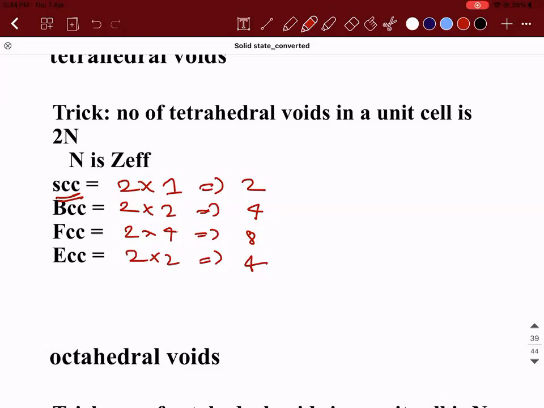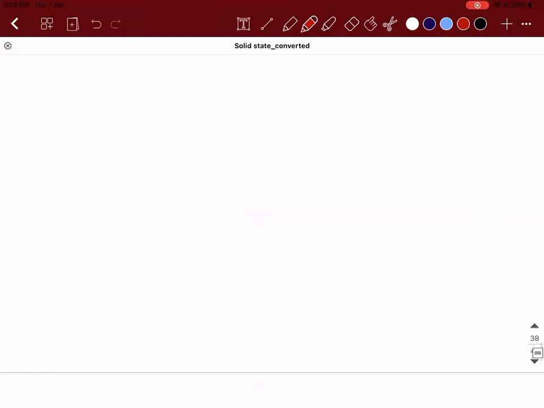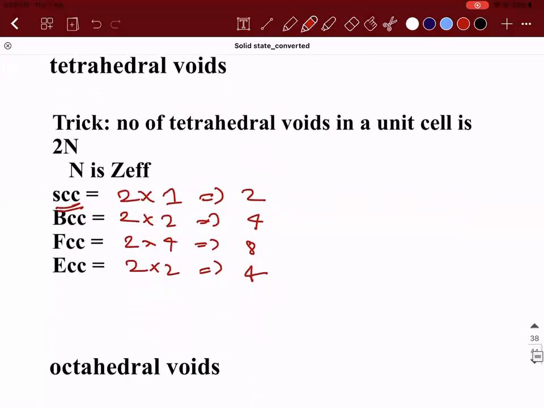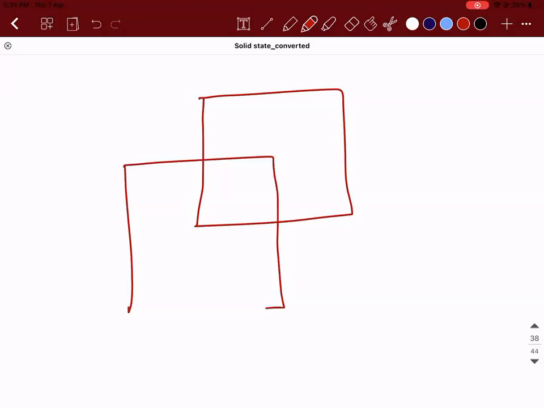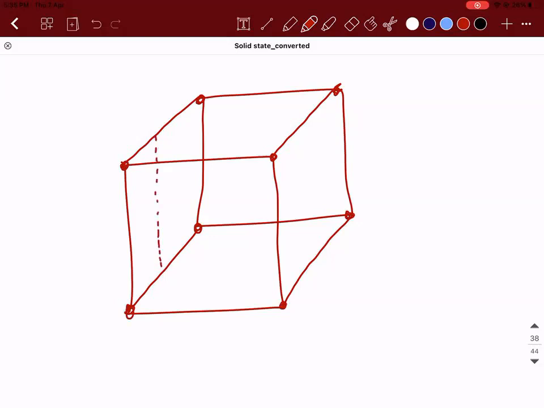Finished copying? Shall we move? Okay. Now I'm taking an FCC. In FCC, how many tetrahedral voids are there? 8. Shall we see how it's possible? Yes. Take one FCC unit cell. Guys, you have to imagine. These are all the corner lattice points. And in FCC, wait, let me draw the imaginary thing.